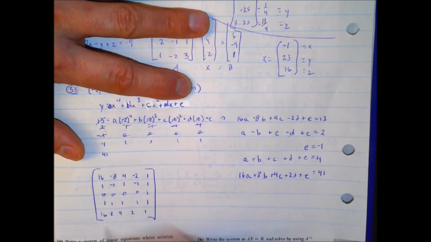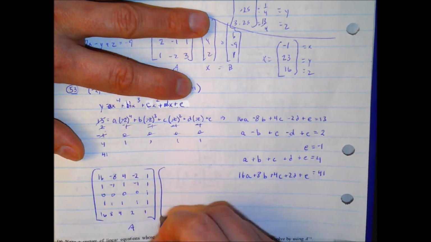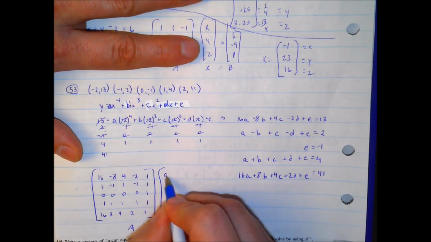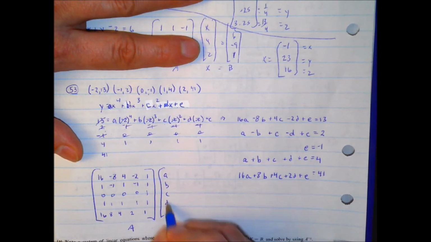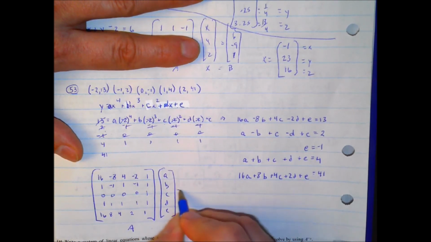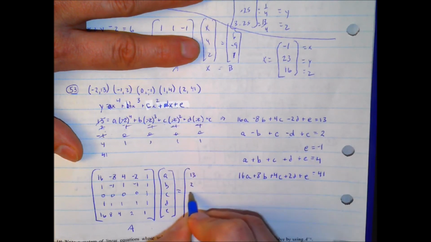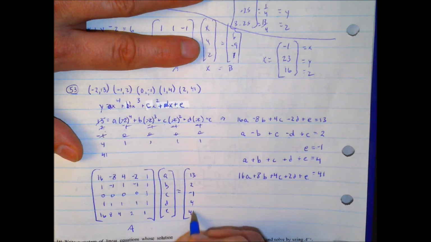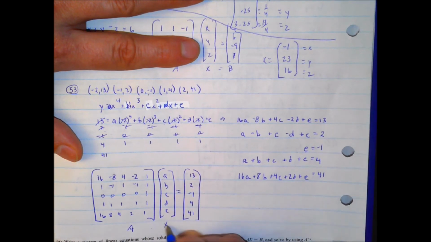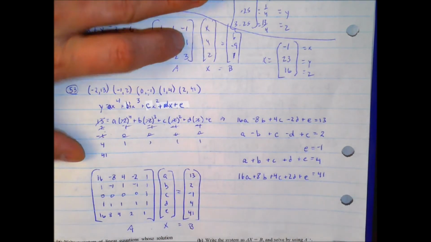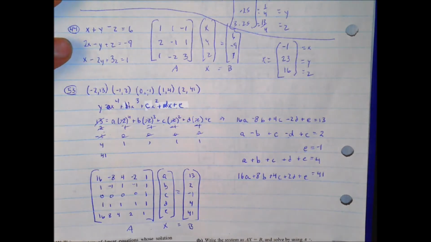Okay, there's my A matrix. Well, my other matrix is the a, b, c, d, and e that we're trying to find. And it's equal to 13, 2, negative 1, 4, and 41. Okay, so we go to matrix and find the solutions to this.